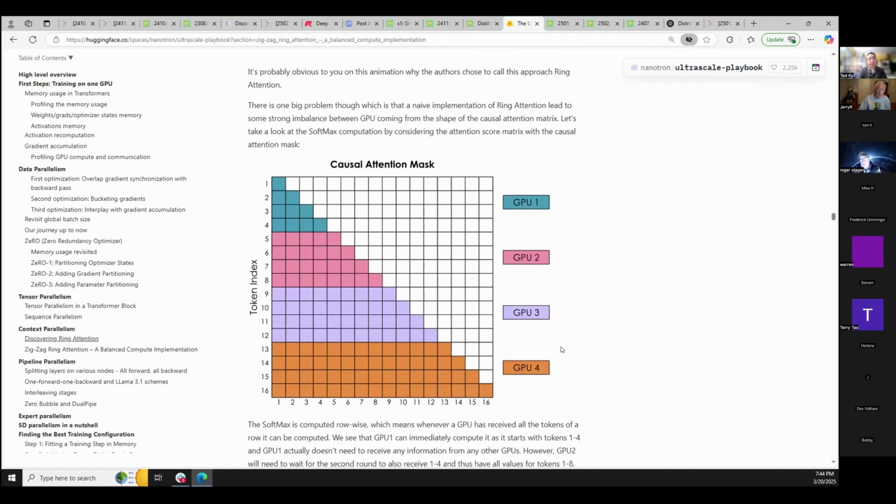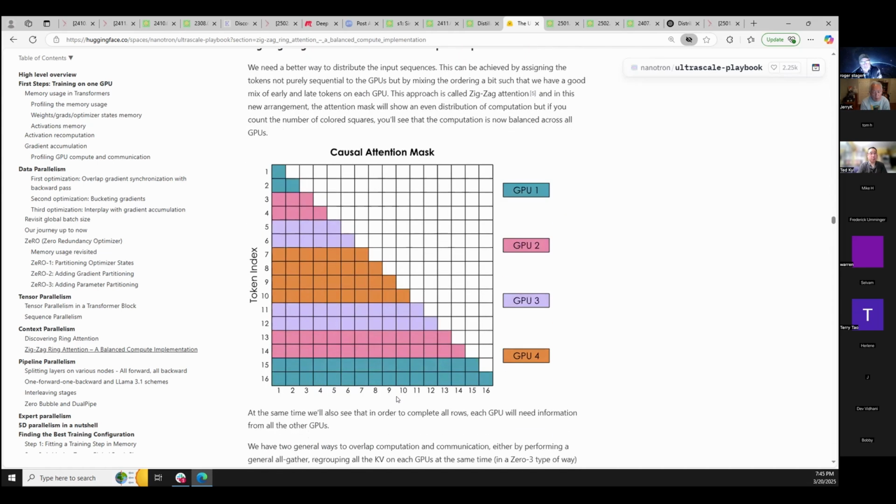One thing they note is that when you're doing a GPT style LLM, there's a causal attention mask. And so if you naively say, I'm just going to split things between the GPUs in order by tokens, so GPU 1 gets the first tokens and GPU 4 gets the last tokens, GPU 1 actually has to do a lot less work than GPU 4.